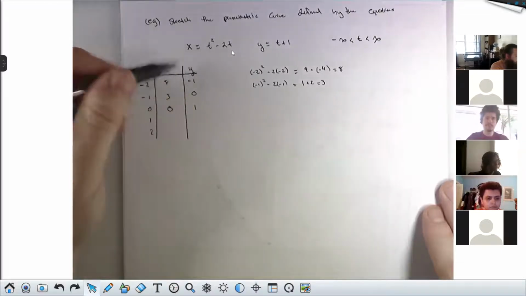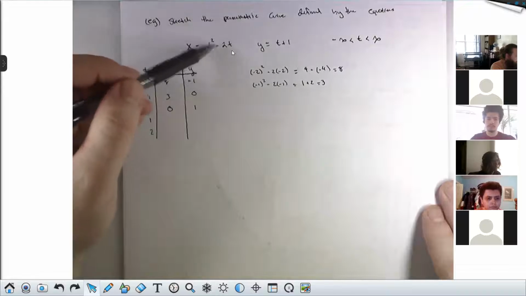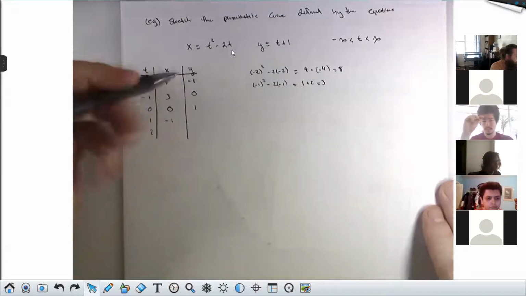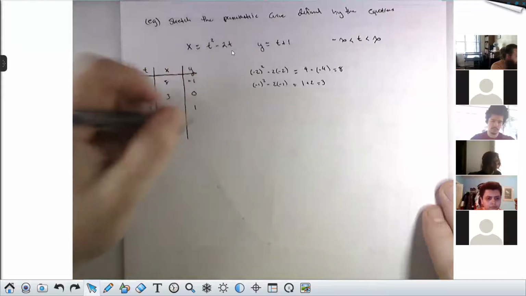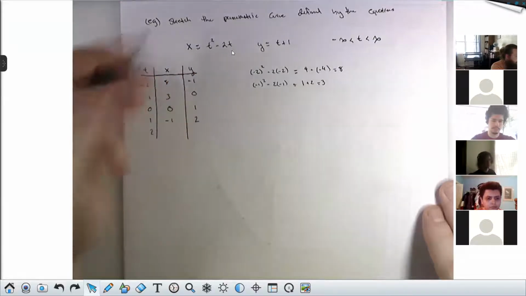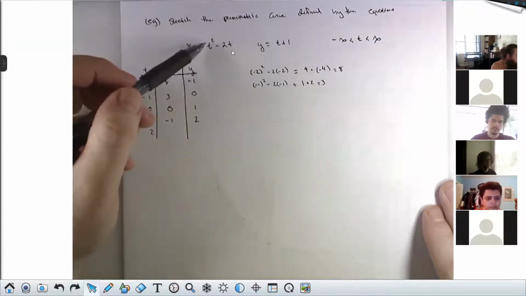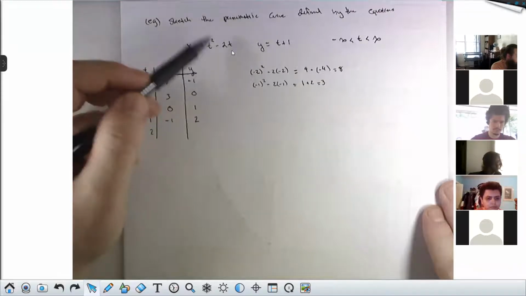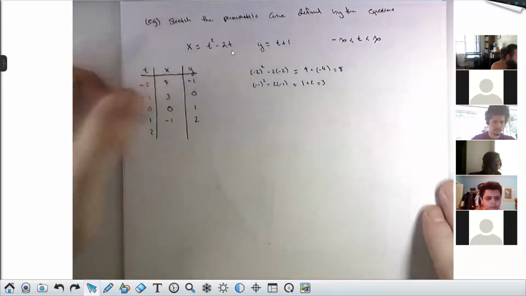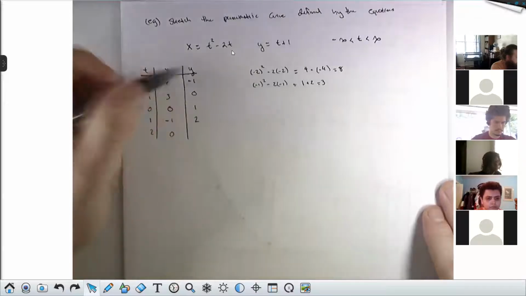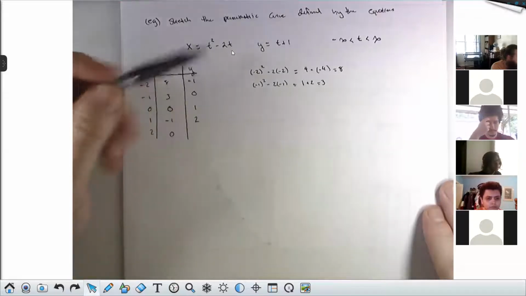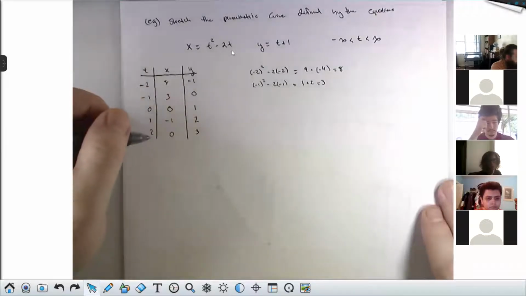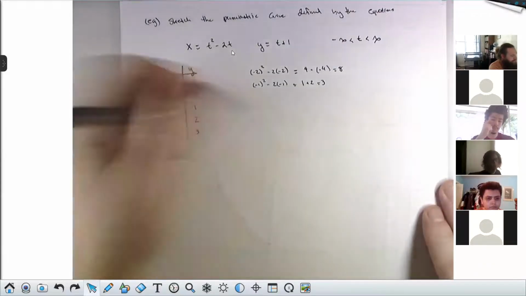When t is 1, x would be 1 squared minus 2 times 1, and 1 minus 2 is -1, and y would be 1 plus 1, which is 2. And when t is equal to +2, we would have 2 squared minus 2 times 2, that's 4 minus 4, which is 0, and y would be 2 plus 1, which is 3. So let's plot these points.